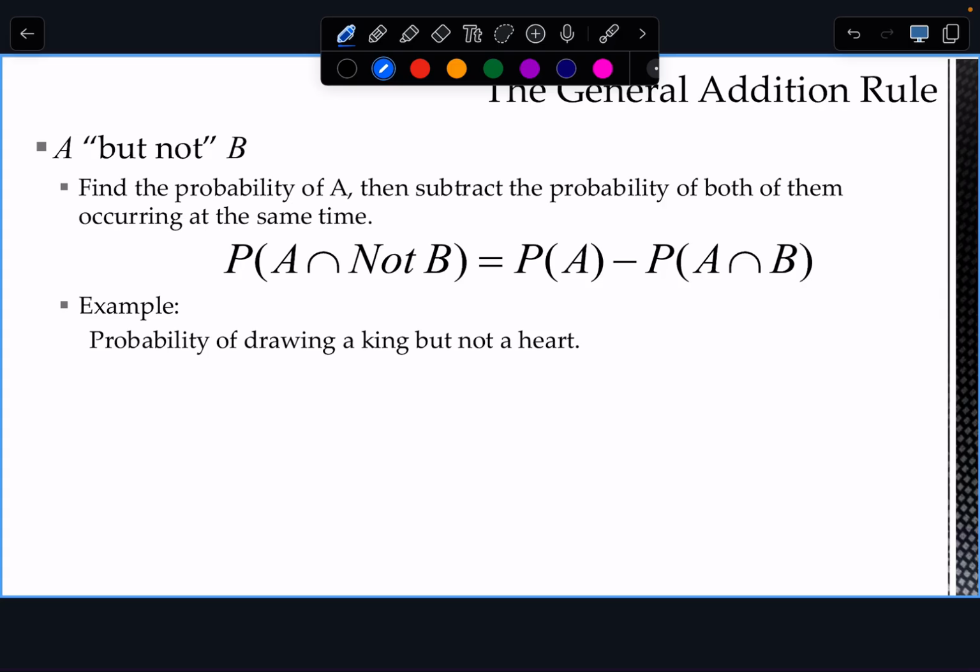So I would have 4 out of 52 for my king, but I do not want the king of hearts, so I take that one out. So I'd have a 3 in 52 chance of that scenario, which I would reduce or plug in for a decimal for that final probability.